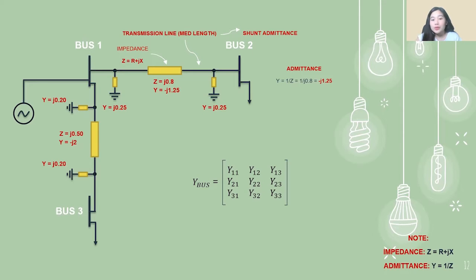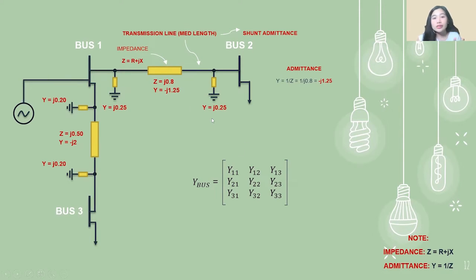Let me explain every admittance flashed here. Our Y11 is all the admittance that is connected to bus 1. So this admittance, this admittance, and this admittance are all connected to bus 1. Next, our Y12. The only admittance connecting bus 1 and bus 2 is this one, negative j1.25.